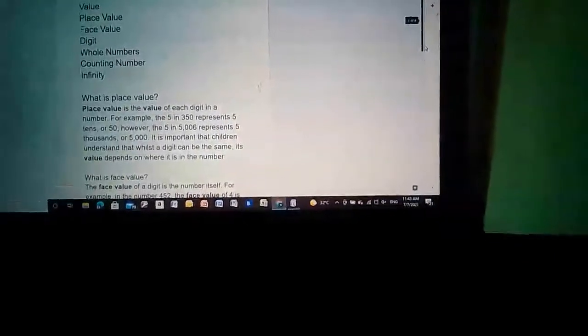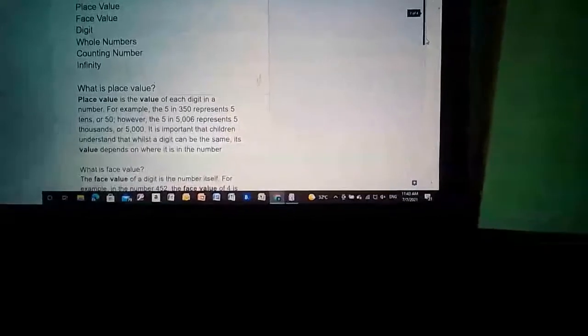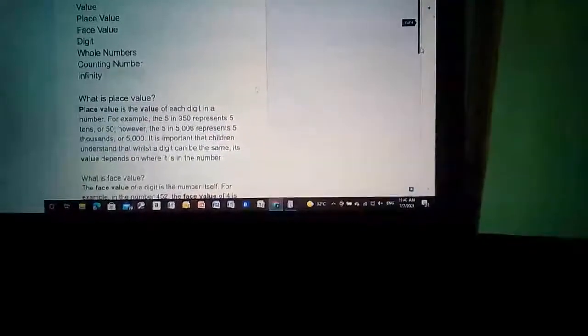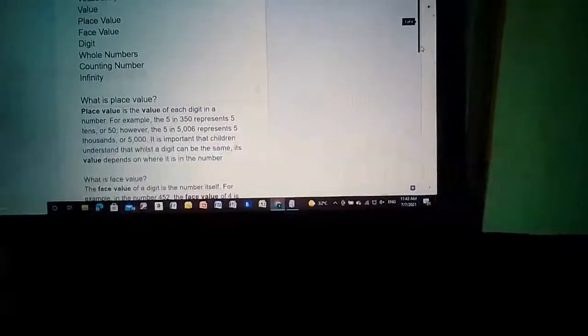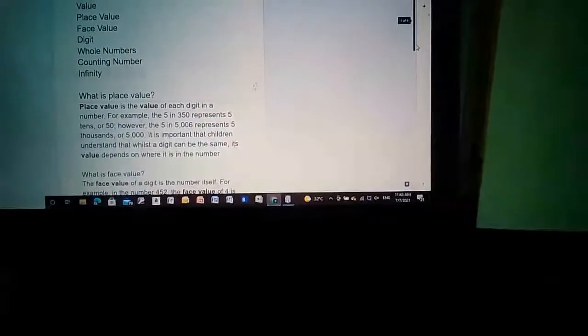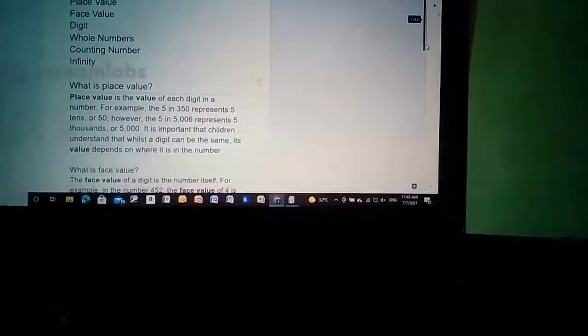It is important that you, the children, understand that whilst a digit can be the same, its value depends on where it is in the number. Alright? So that is important.